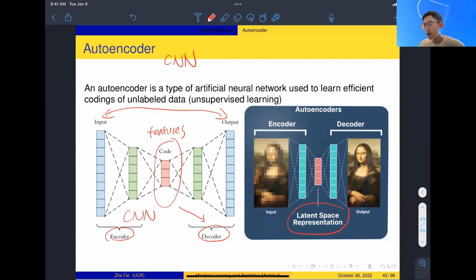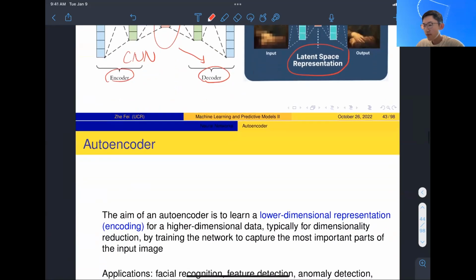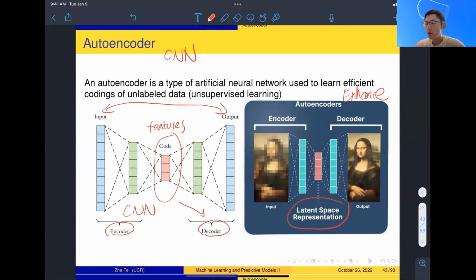So for example, people could use autoencoder for image enhancement, to enhance your image. Some other applications may be that you could generate similar images as your input. For example, you train your autoencoder with a large number of paintings.